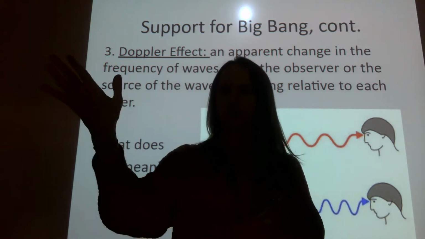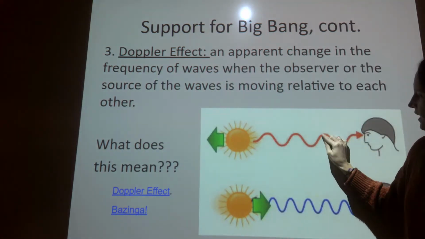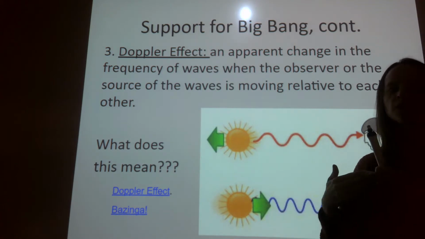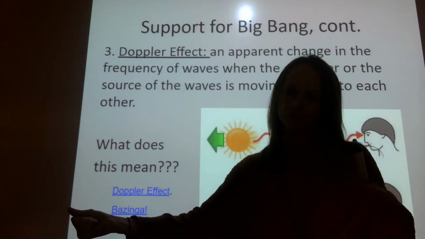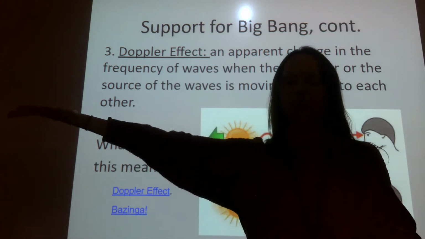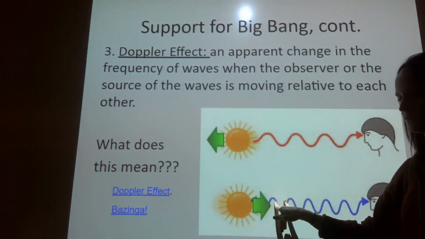If we see a star moving away from us, the wavelengths we perceive are going to be longer than what they actually are. The wavelengths of light get stretched as the object moves away. When something comes towards us, those light waves get squished, so they become shorter wavelengths.